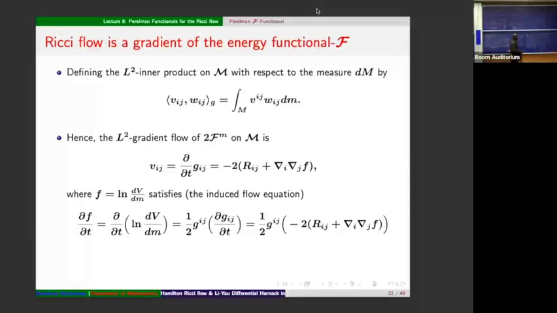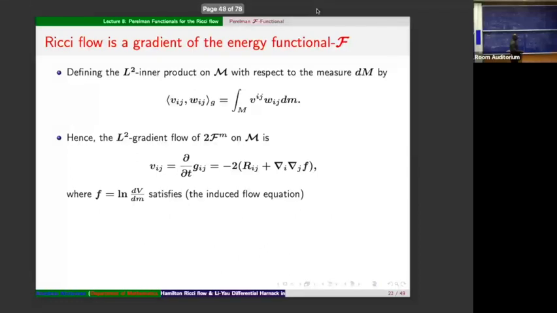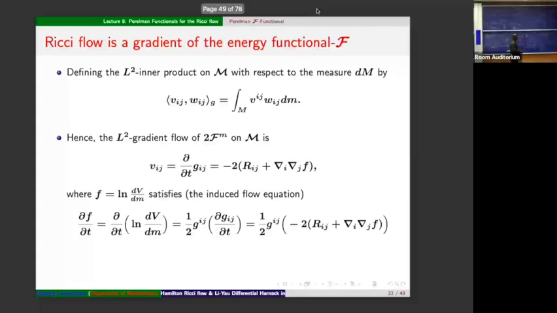Okay, no, still under arbitrary variation, you have this. So the differentiation of Gij with respect to t, as we have here, is what you substitute here. Tracing Rij gives you R, which is the scalar curvature.